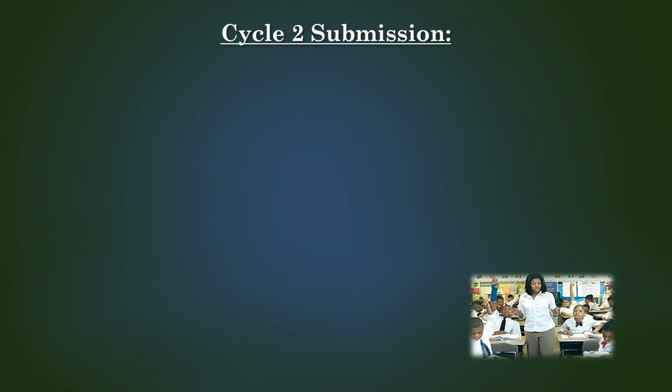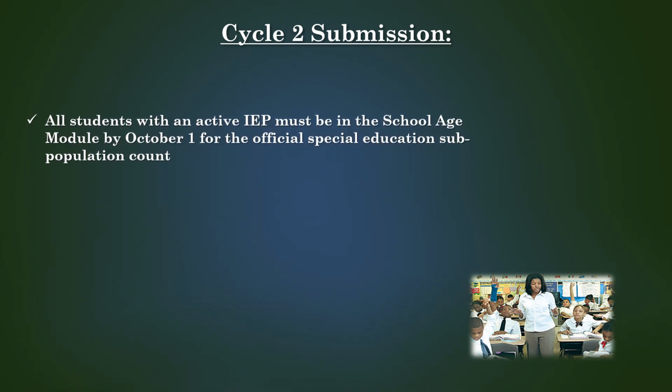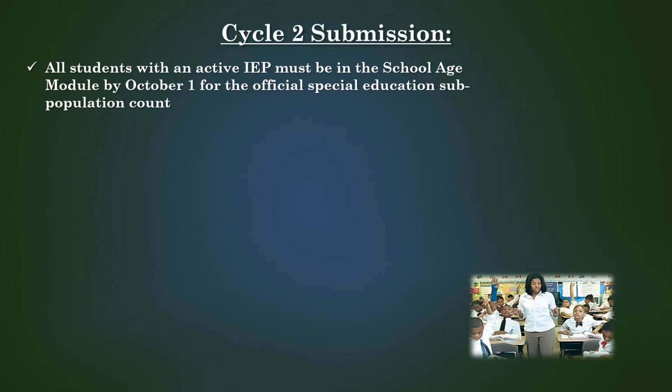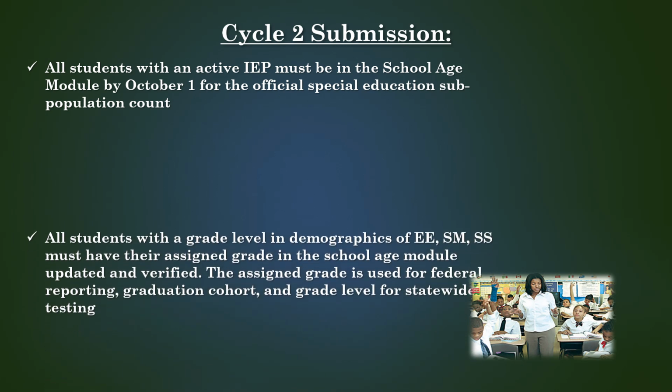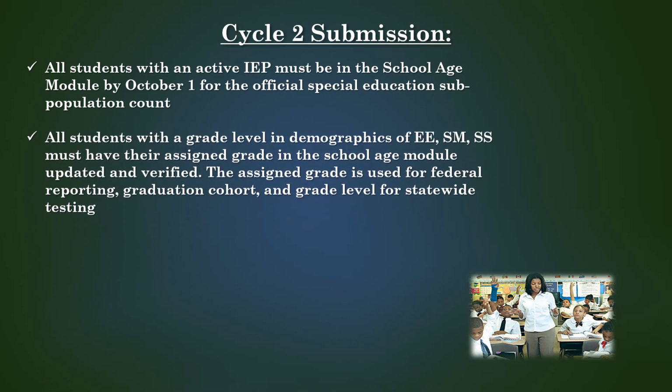Here are things that must take place during the Cycle 2 submission. All students with an active IEP must be in the school-age module by October 1 for the official special education subpopulation count. All students with a grade level in demographics of EE, SM, SS must have their assigned grade in the school-age module updated and verified.